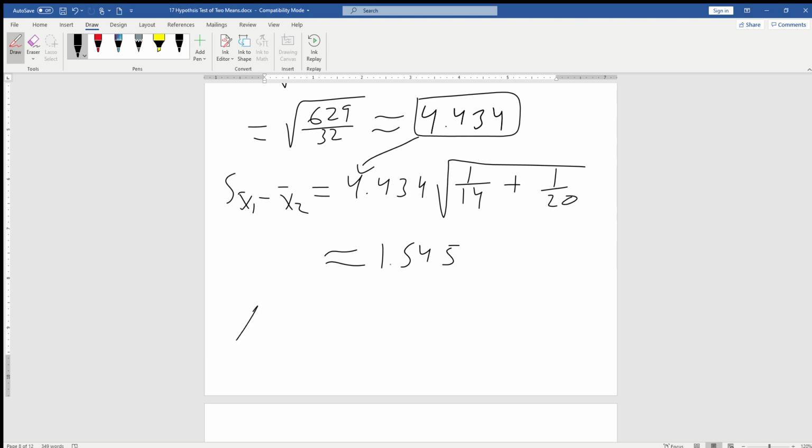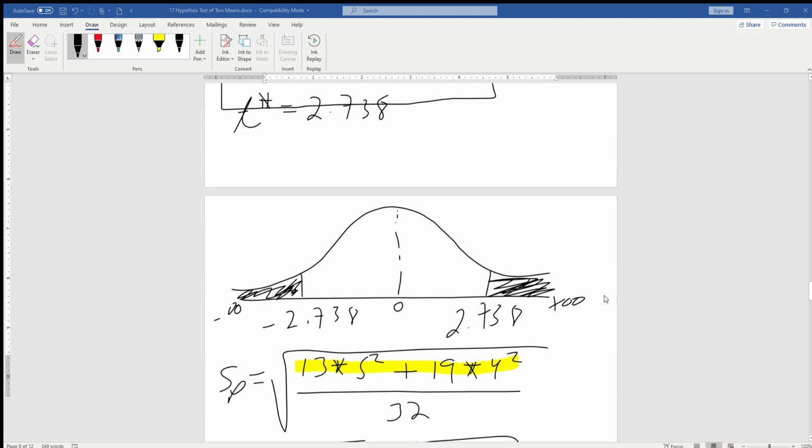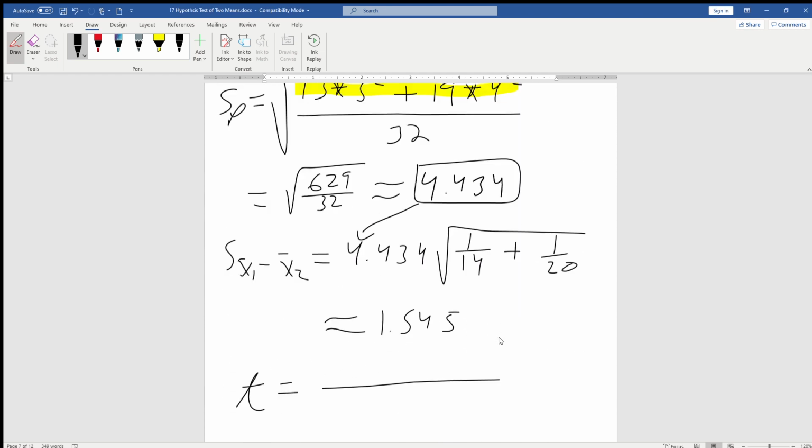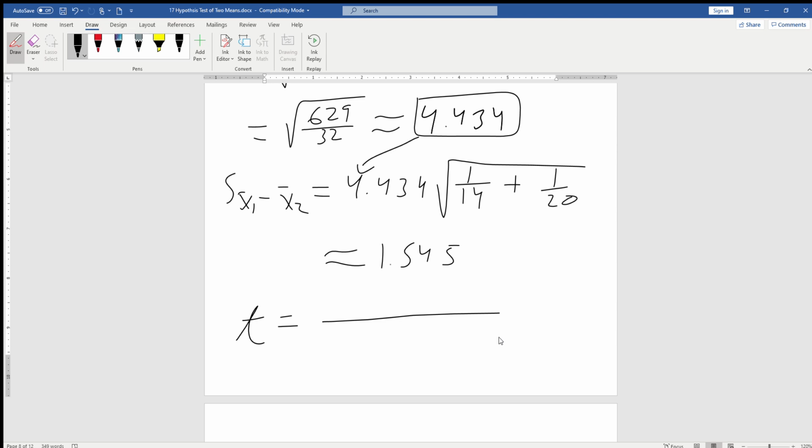And then finally, the test value. We take the difference in the means. So we have 73, we have 69.5, and then we have that 1.545. So 73 minus 69.5 divided by 1.545.